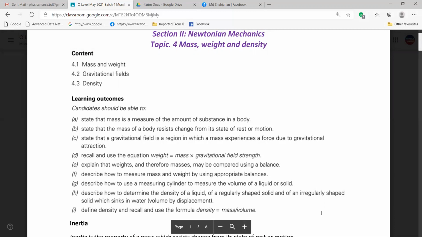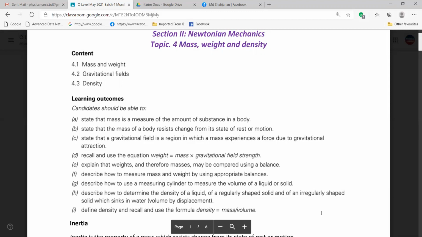E. Explain that weight, and therefore mass, can be compared using a balance. F. Describe how to measure mass and weight by using appropriate balances. G. Describe how to use a measuring cylinder to measure the volume of a liquid or solid.